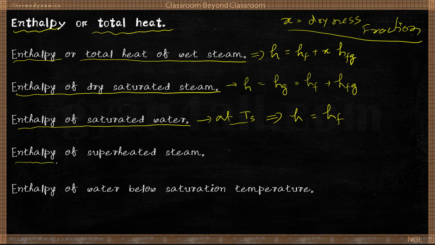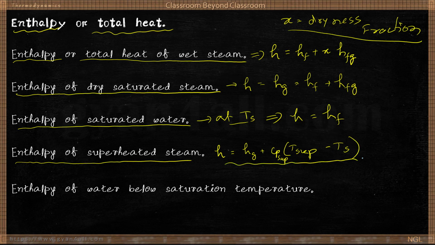We have also discussed the enthalpy of superheated steam, H is equal to Hg plus Cp sup into T sup minus Ts for superheated steam.